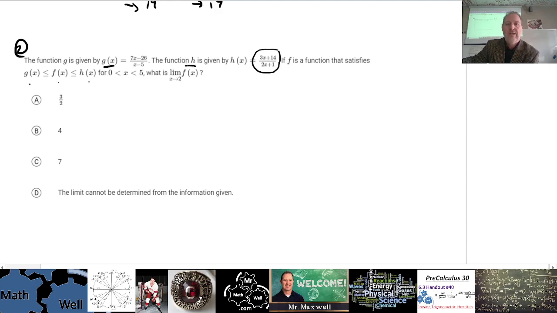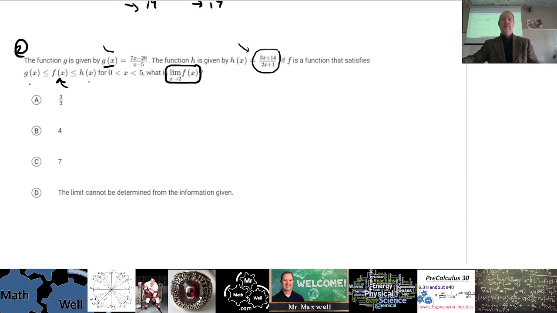What is this limit as x approaches 2? Well, f of x is the sandwiched function here. So if I find out what the limit of g of x and the limit of h of x are as x approaches 2, then if they're the same, then the limit of f of x as x approaches 2 must be that way.